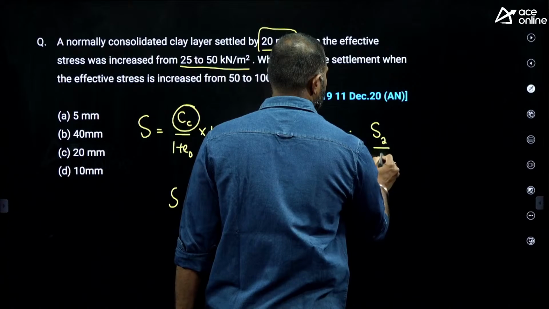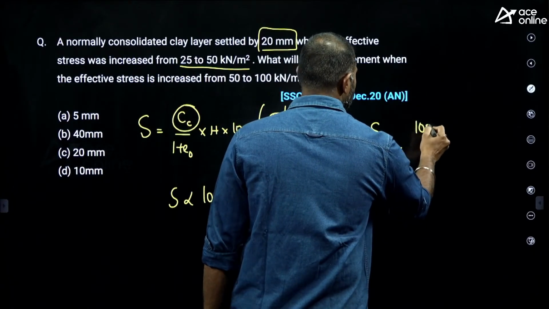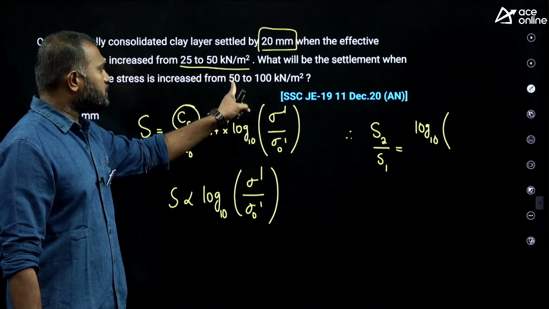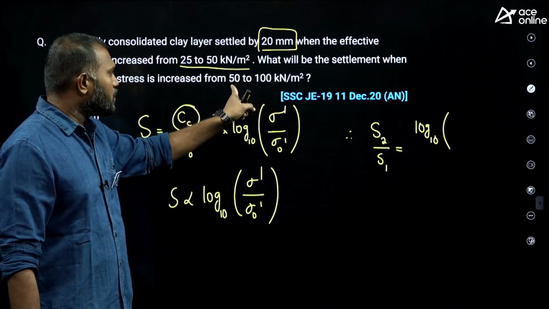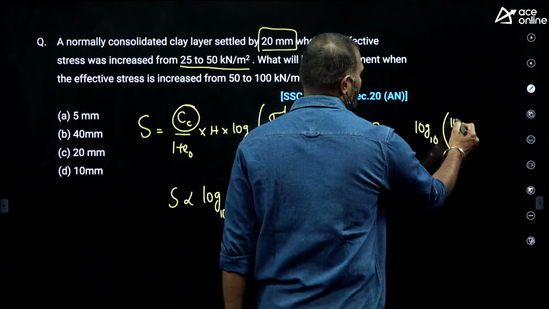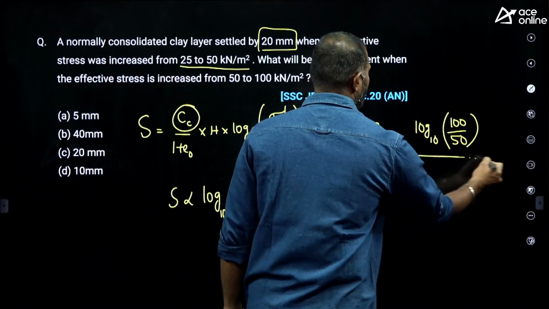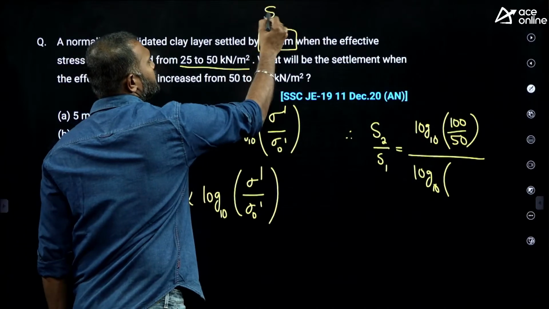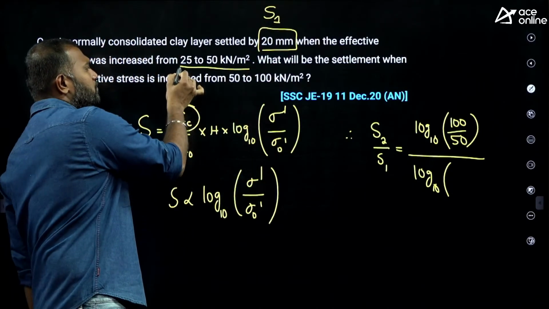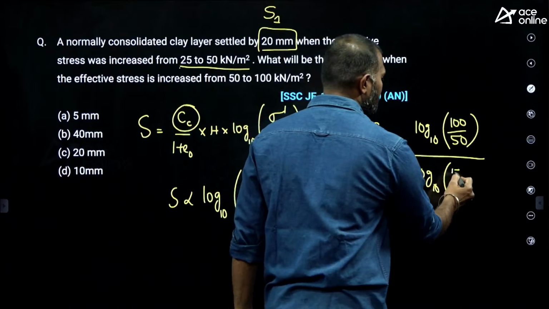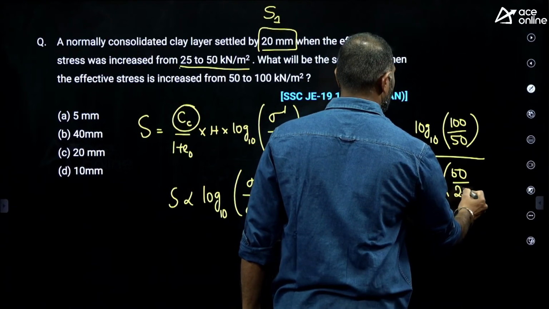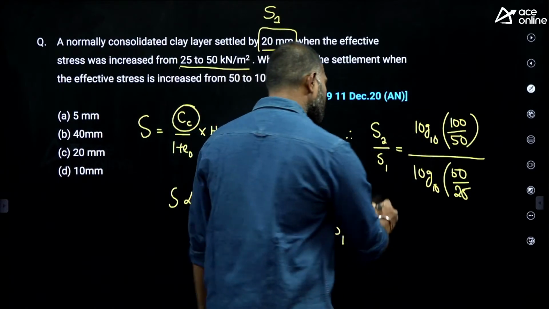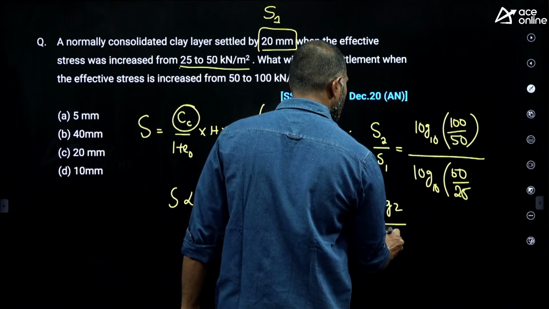So, S2 by S1 is equal to log base 10 of final by initial. When I increase from 50 to 100, I am asking the settlement. So finally it is 100, initially it is 50, by log base 10, initially, what is the settlement? The settlement is 20 mm when it increases from 25 to 50, so 50 by 25. This is S2 by S1: log of 100 by 50, which is log 2, by log 2.